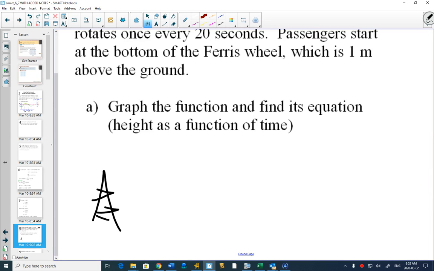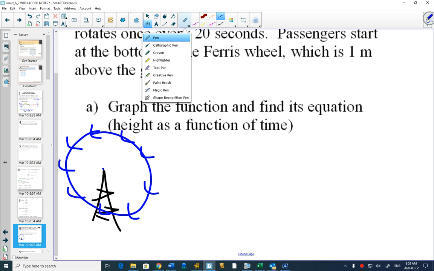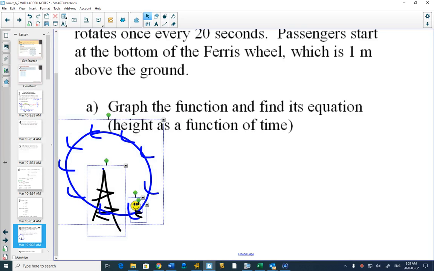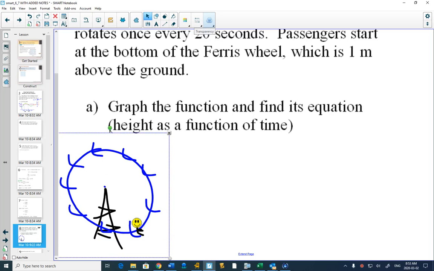Here's our Ferris wheel with beautiful chairs. There we go. There's a happy person on the Ferris wheel going for a ride. Okay? Then off to the side, just take this, move it down a little bit.